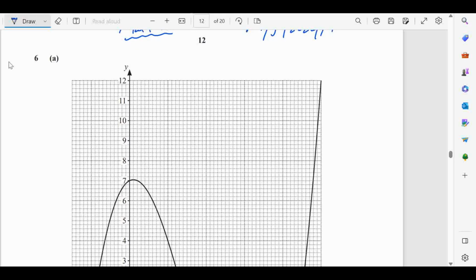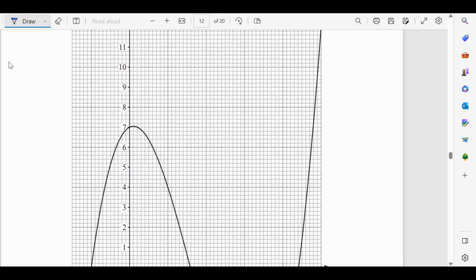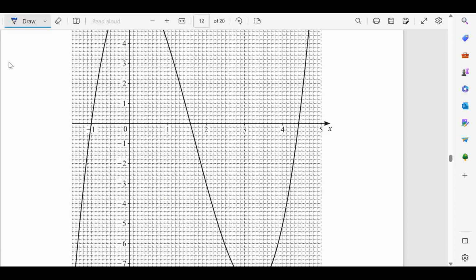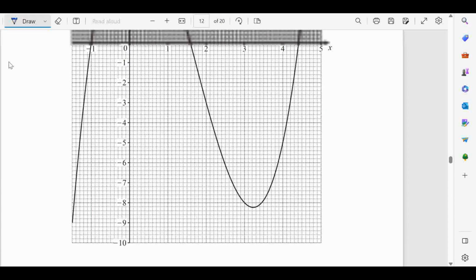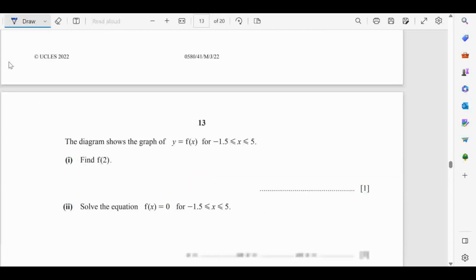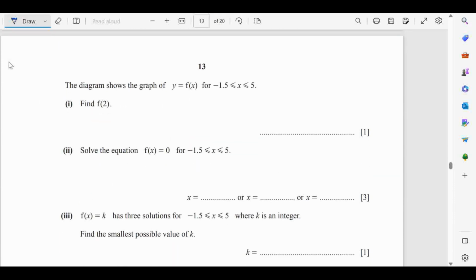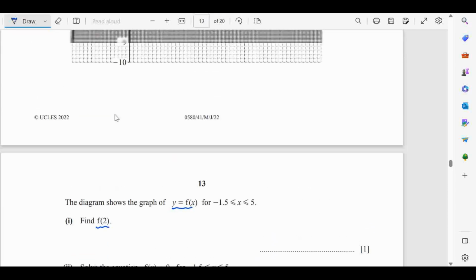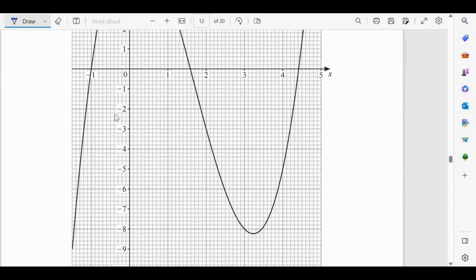Now question number 6, the first part is that the graph is given to us. This is the graph, and the diagram shows the graph of y is equals to f of x. Find f of 2. So f of 2 means that the value of x is 2 and we need to find the corresponding value of y.